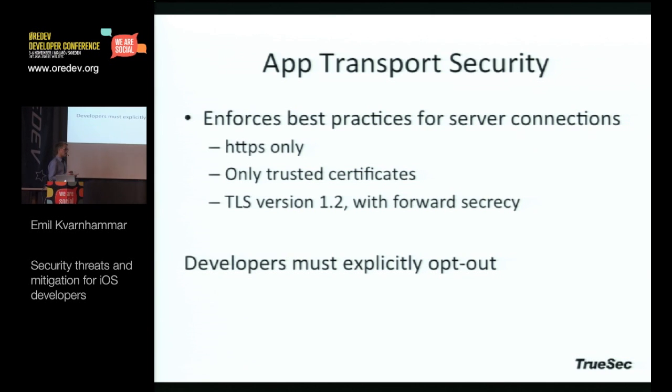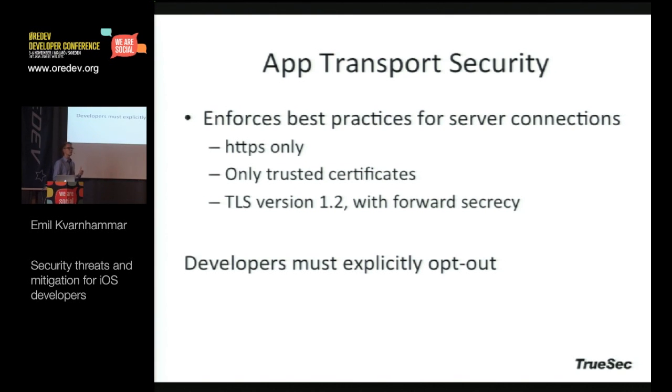So for instance, starting with network traffic in general, it should always be HTTPS, which means SSL or TLS. And you should only use trusted certificates, nothing like self-signed certificates or bypassing certificate validation.